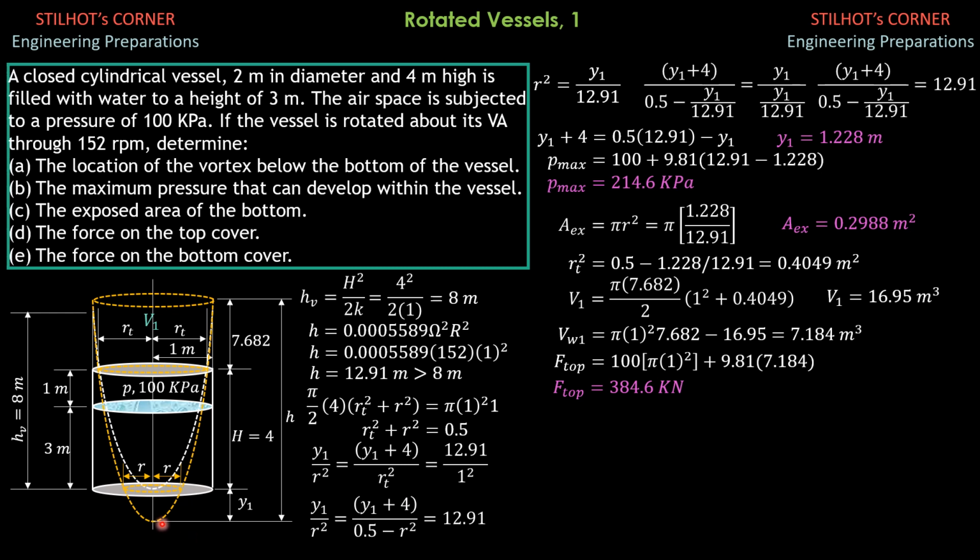Although it is expected that the volume inside the tank above the bottom is equal to the real volume of water inside the tank, I will still use that formula with two bases just to convince you that the formula is really correct, although I derived that in the lecture video on rotated vessels. So I'll call that volume of water 2.